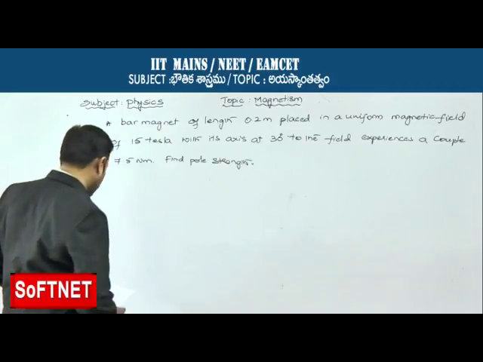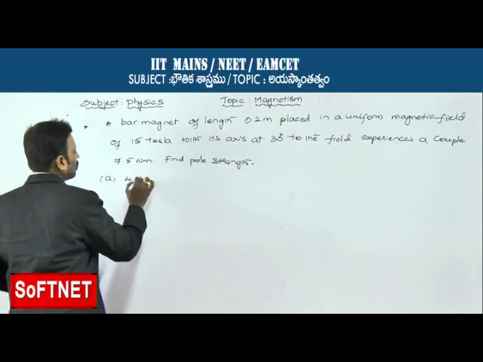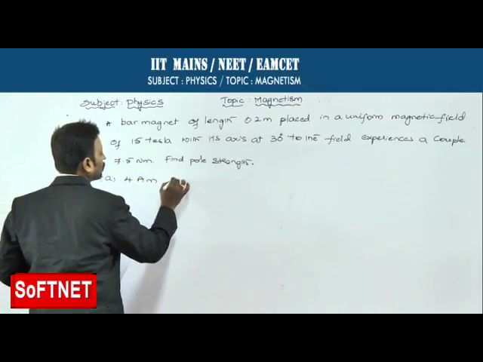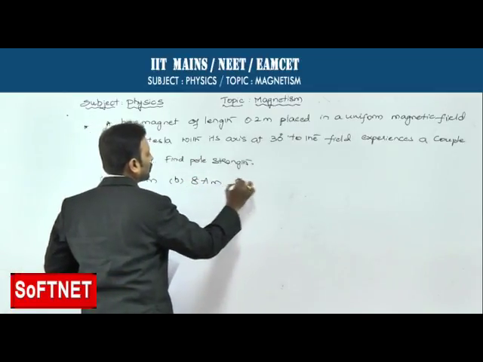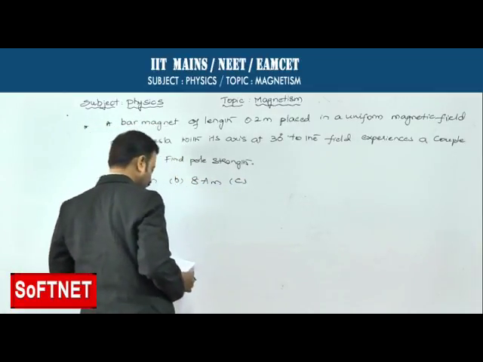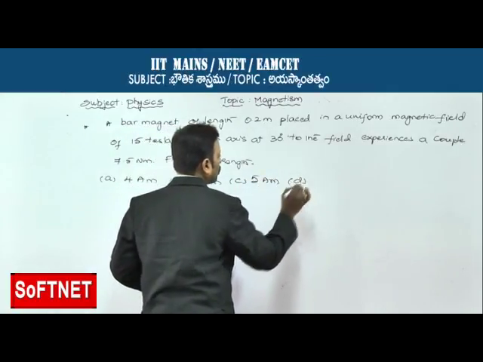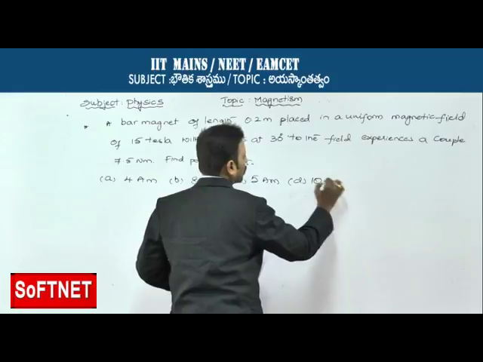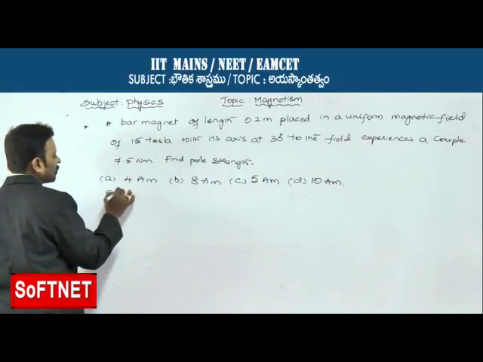The given options are: first one, 4 ampere meter; second one, 8 ampere meter; third one, 5 ampere meter; the last one, 10 ampere meter. So, look at the solution then.